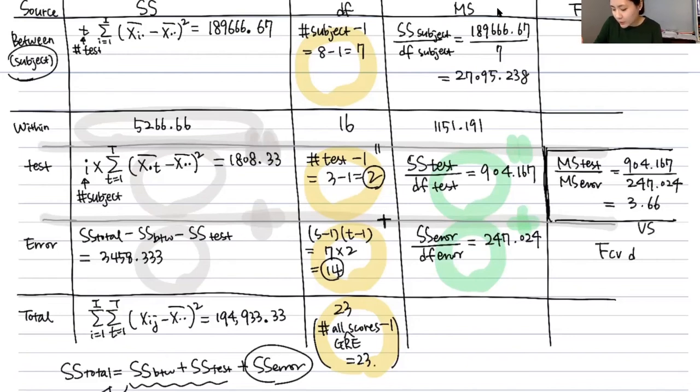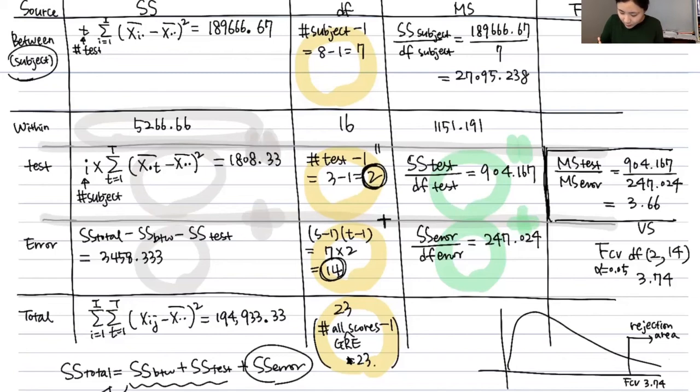My critical value with alpha 0.05, with degree of freedom of numerator 2 and degree of freedom for the denominator 14 in the Howell textbook, is 3.74. In the F graph, my observed value is 3.66, which is not in the rejection area.